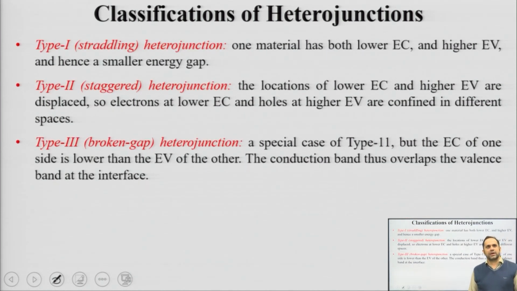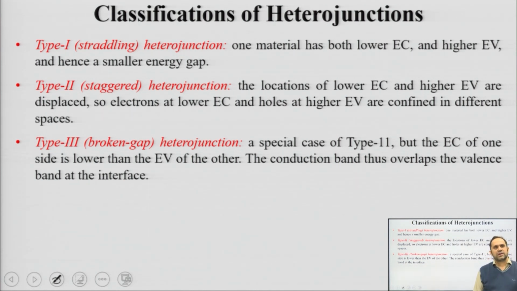In type 1, the material will have lower EC and higher EV. In a type 2 heterojunction, the locations of lower EC and higher EV are displaced with respect to each other, so electrons at lower EC and holes at higher EV are confined in different spaces.